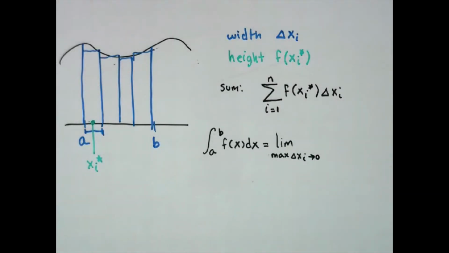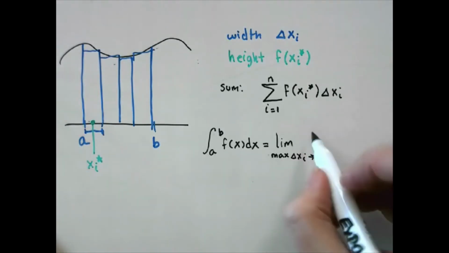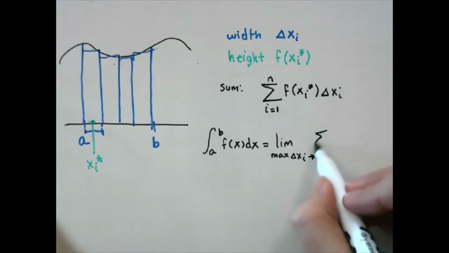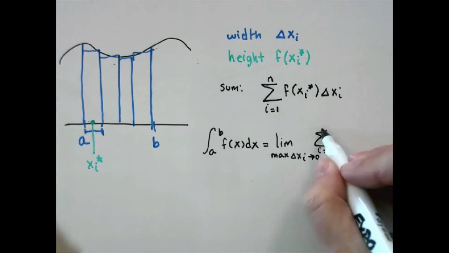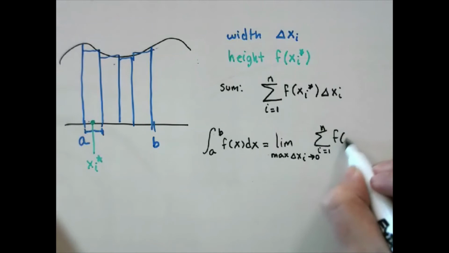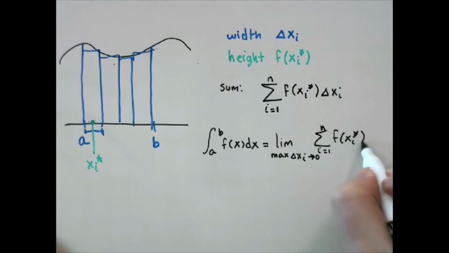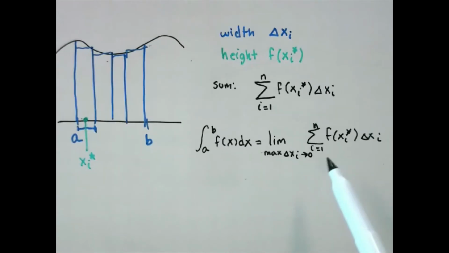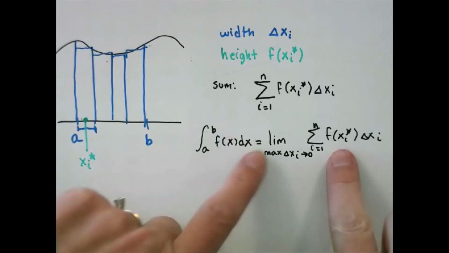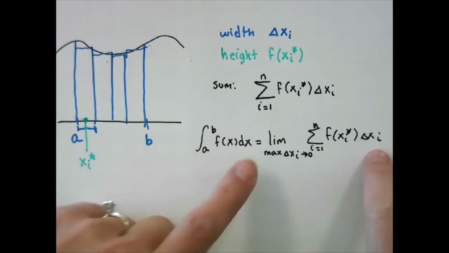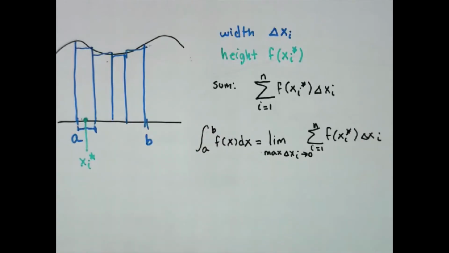Okay, we want the widths of those rectangles to be as infinitely small as possible of this sum. And you can kind of see the structure here. So the function, the delta x and dx for this.